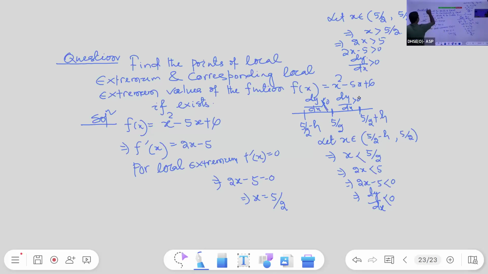dy upon dx changes its sign from negative to positive.